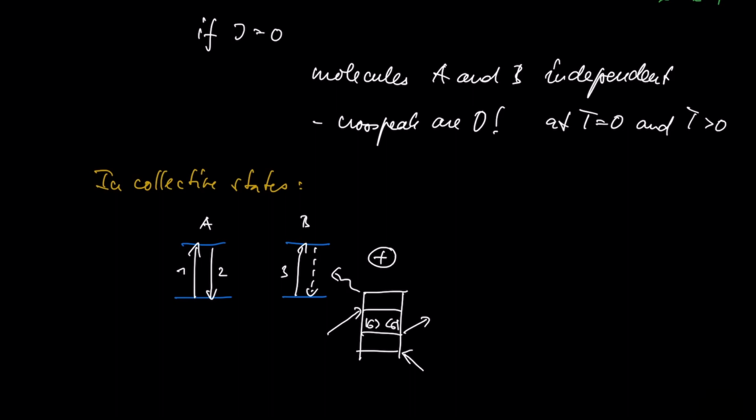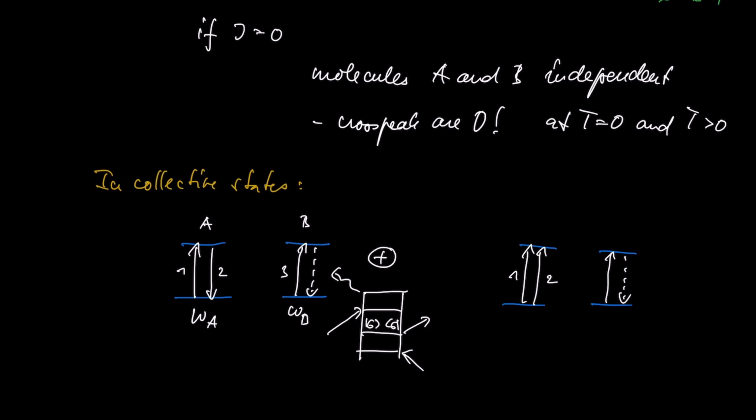Of course, I have drawn the molecules A and B with the same frequency, but you have to imagine that A and B have different transition frequencies. And now we also have another cross term in which we excite the molecule A actually with the first and second pulses, and then we excite the other molecule and emit.